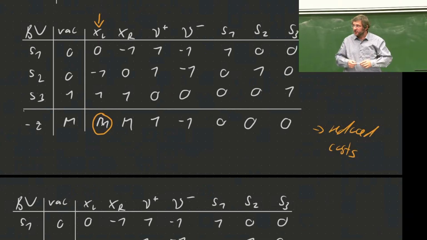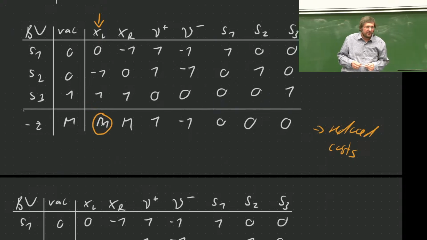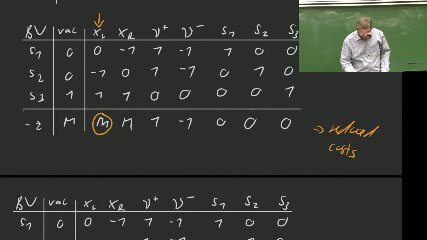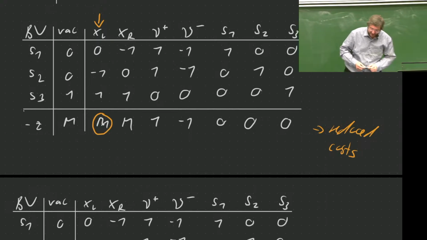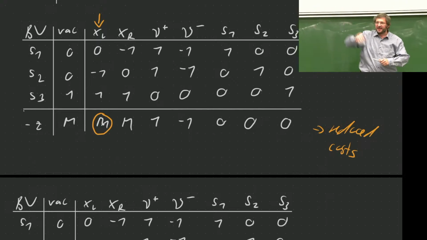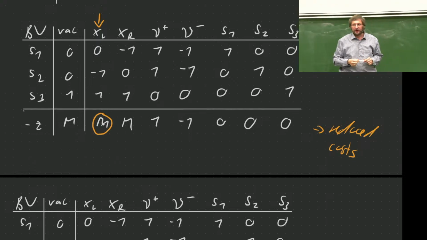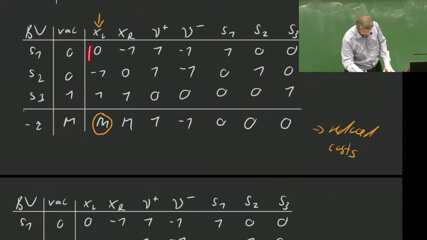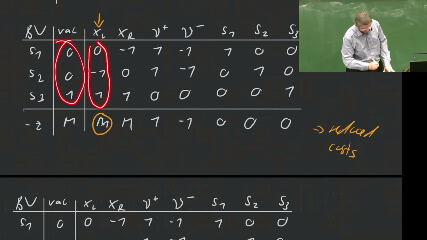And of course, in exchange, one of the other variables has to leave the basis. To be able to find out which one that is, I'll have to find out by how much I can increase that XL before one of the inequalities or equations will be violated. And this is basically what these entries and these entries tell me.